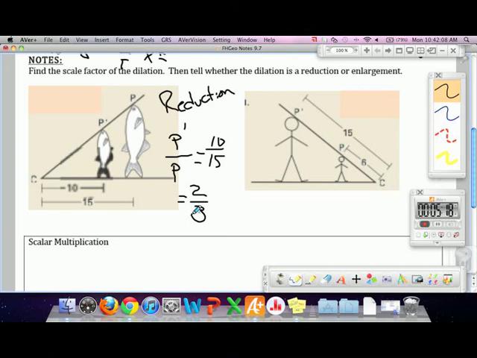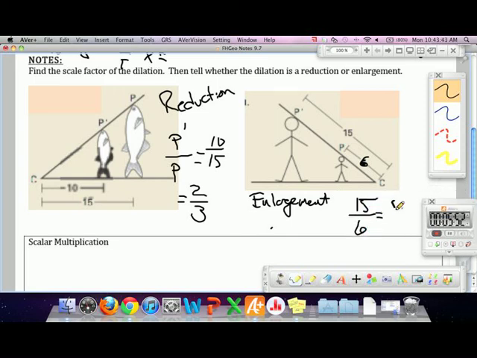Meaning, check your work, you can take the original 15, multiply it by 2/3, and get the image. 15 times 2/3 is exactly 10. Say again, tell whether it's a reduction or enlargement, and then find the scale factor as quick as you can. Getting larger. The image is 15, the pre-image was 6, which is 5/2.